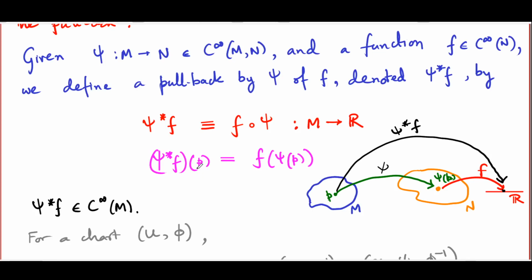What is very important is that this operation composes together two smooth functions, f, which is a smooth function from N to R, and psi, a smooth function between M and N. And as a result, the resulting function psi star f is actually a smooth function on M. So it's a member of C infinity M. So you can think of psi star essentially as a map which takes elements from C infinity N and pulls them back to C infinity M. In particular, it takes a function f and pulls it back to this psi star f function, which as we have just defined is f composite psi.